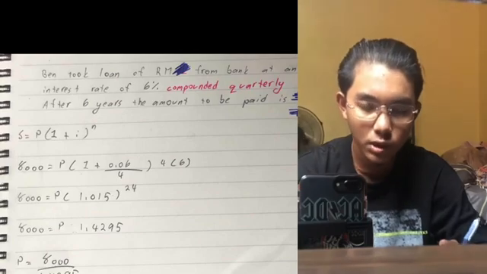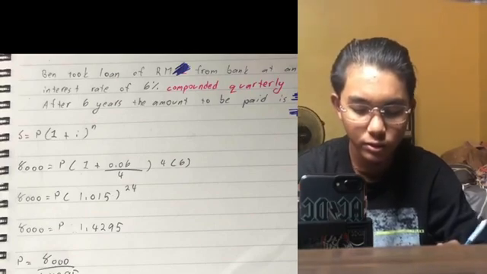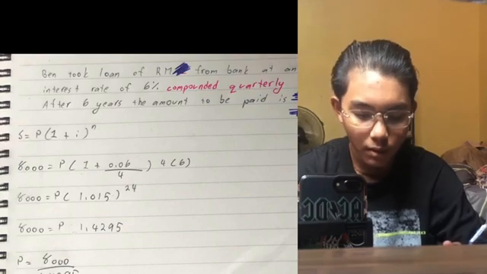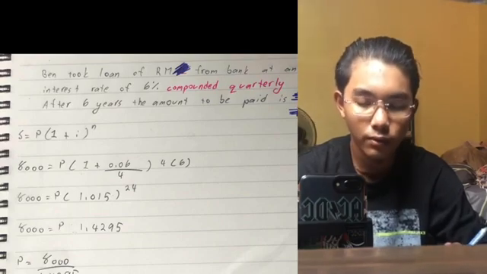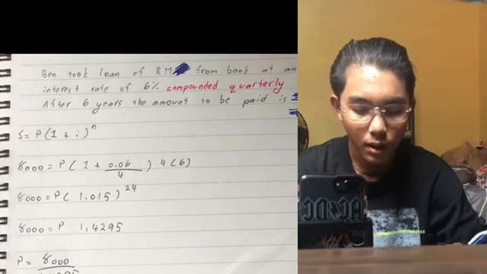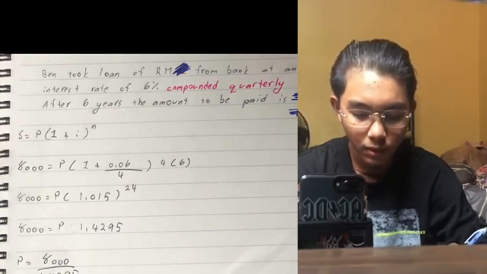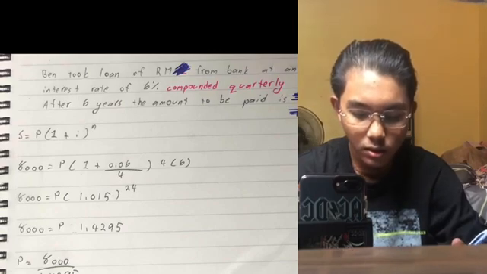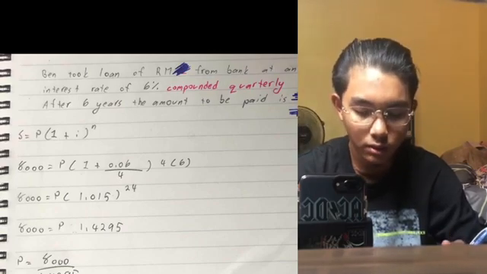So, we will use the formula of S equals to P in bracket 1 plus i, bracket with the power of n. After that, we will need to identify S is equal to 8,000.